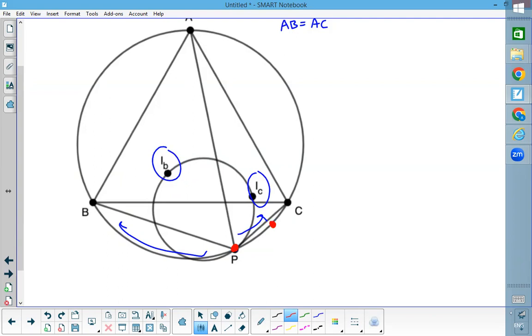You draw the two setups, and then you try to see what's going on. And it's actually not that hard to see, if you draw several diagrams, that the desired point is actually the intersection of the two circles.